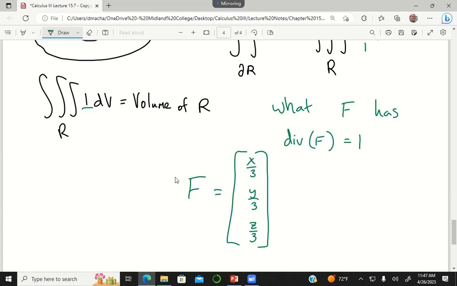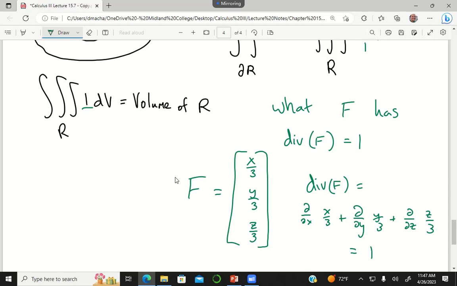Because whenever I take the divergence of f, this is the partial with respect to x of x over 3, plus the partial with respect to y of y over 3, plus the partial with respect to z of z over 3. So it's a third plus a third plus a third, and that would be equal to 1. Does that make sense?